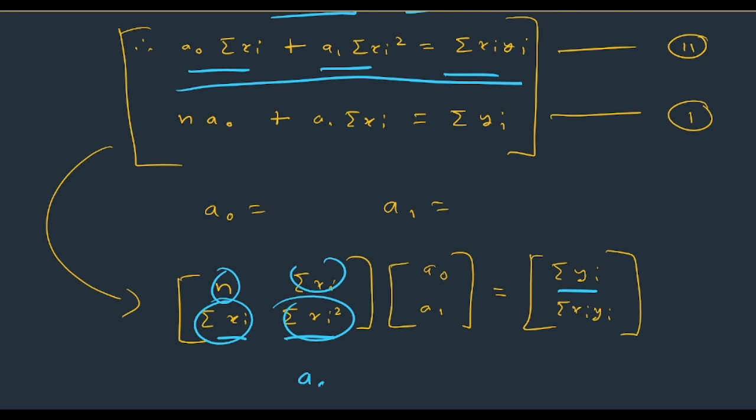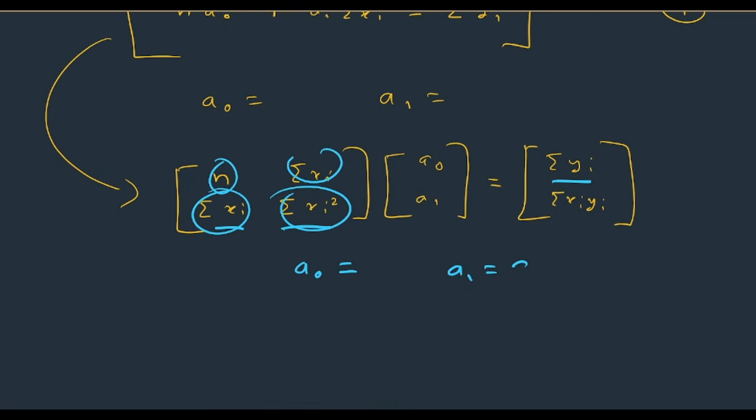That will eventually give us the values of a0 and a1, which returns the equation of the straight line that will demonstrate the given set of data, and which will be most mathematically accurate.